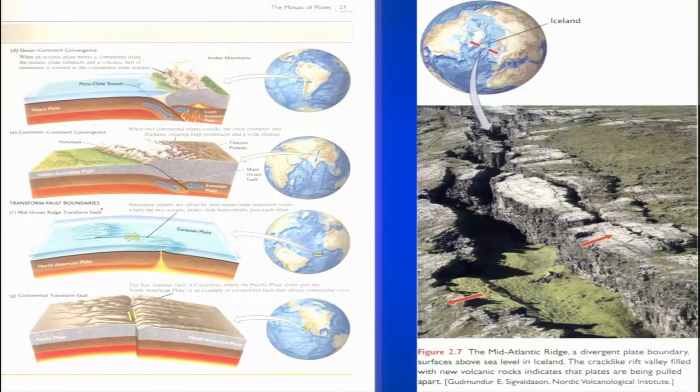Then we have transform plate boundaries, for example in the US, the American and Pacific plate boundaries, which show transform movement. This is one example of the mid-Atlantic ridge, which comes right up to the surface in Iceland, showing that two plates are moving away from one another.